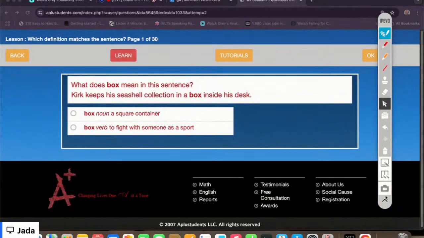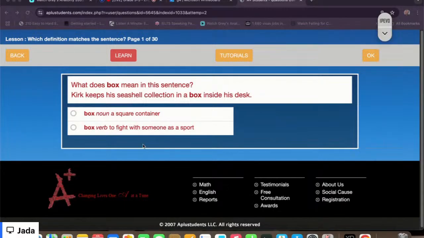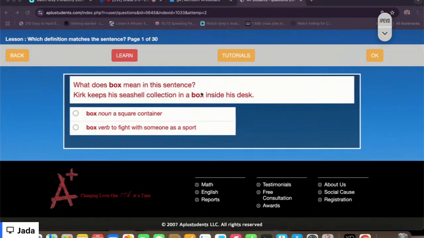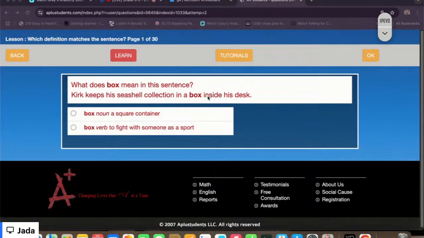So let's go to the test. You can share your answers with me, okay? Kirk keeps his seashell collection in a box inside his desk. So what does box mean in this sentence? Is it the first or second?